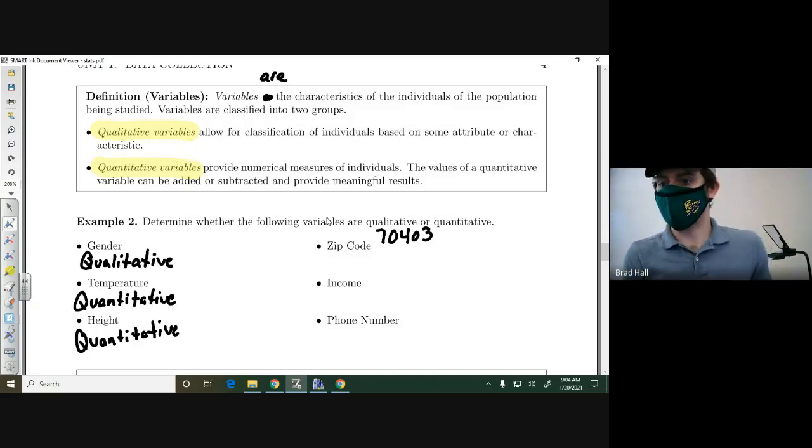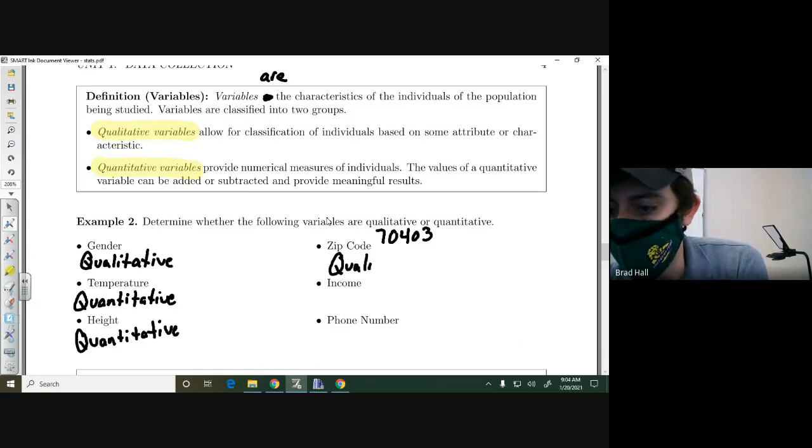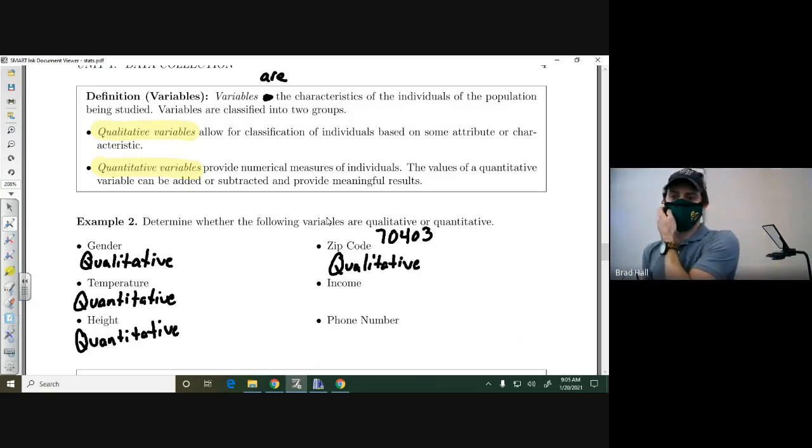No. If you add or subtract to that zip code, you get something that's entirely different. Adding 7 to that zip code doesn't mean anything. I don't even know what 70410 is in relation to here. This is qualitative. Just because it's a number doesn't make it a quantitative variable.